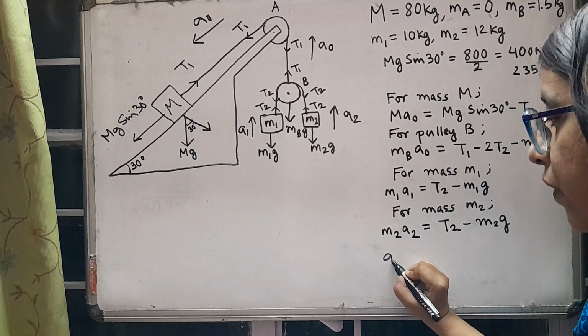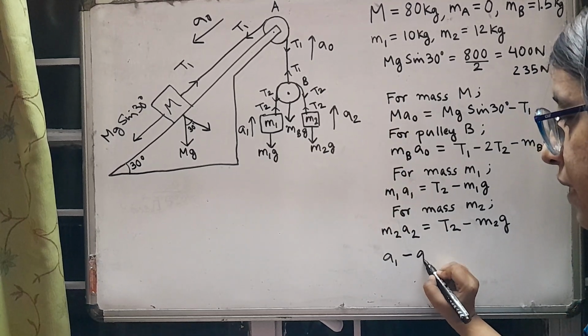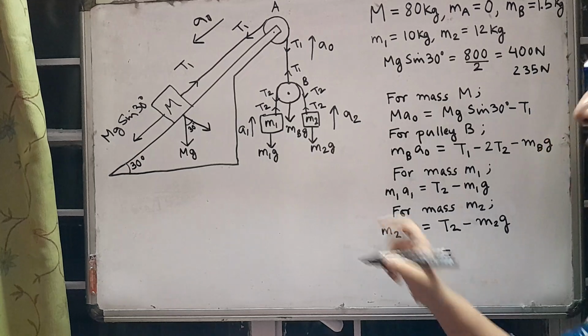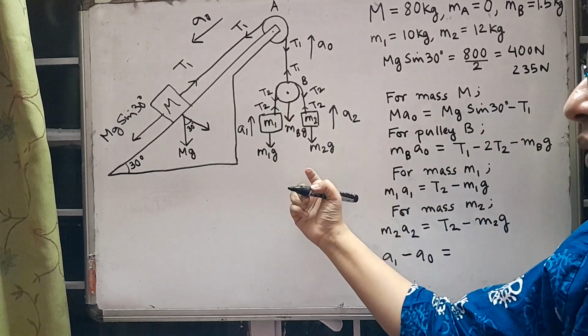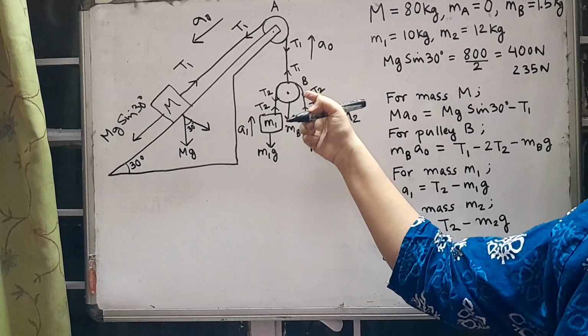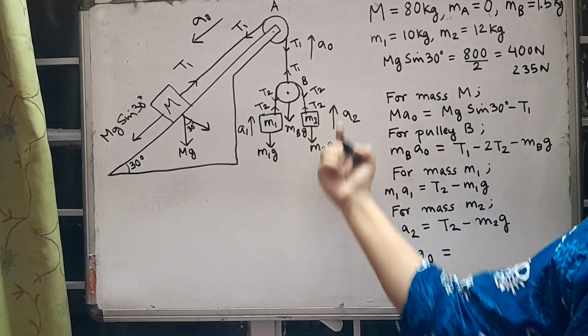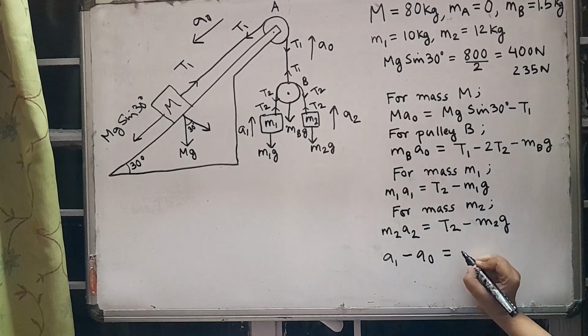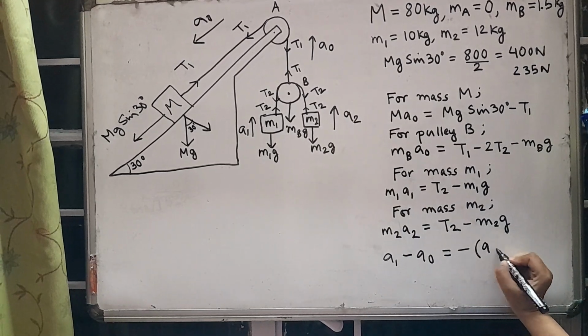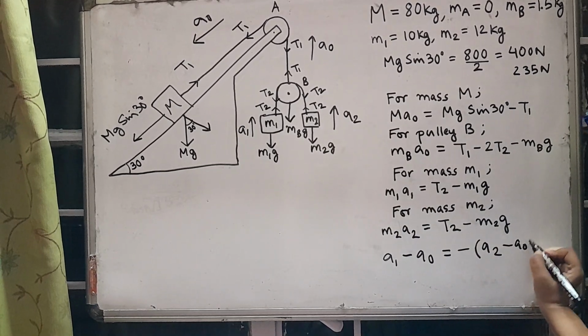So we have A1 minus A0 equal to, since if this mass moves upward, this will move downward, and if this moves downward, this will move upward, so the signs of A1 and A2 will be opposite, minus (A2 minus A0).